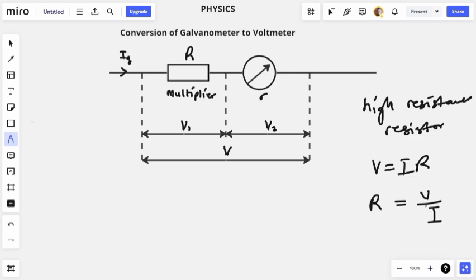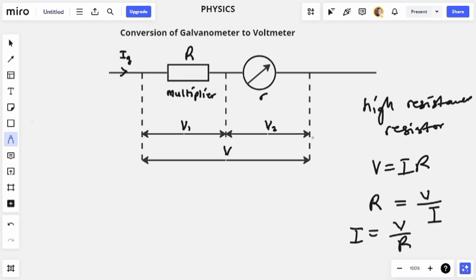So if you want to measure a wider current, or you can say I equals V over R, for you to measure a wider current, your resistance should be small. So that is for an ammeter, but we are in voltmeter, so you need a high resistance resistor for you to be able to measure a wide range of voltage.